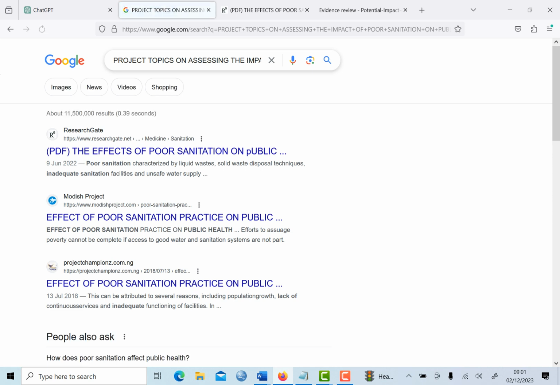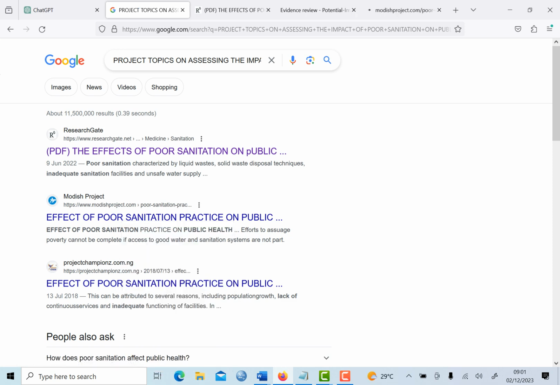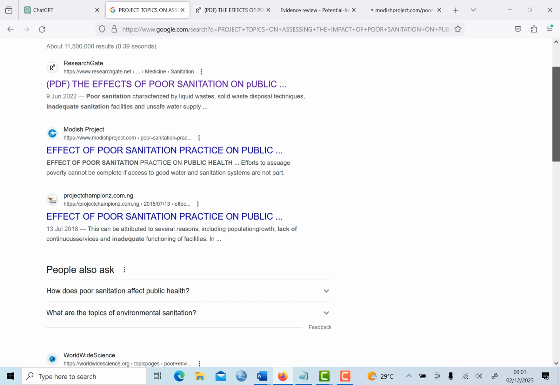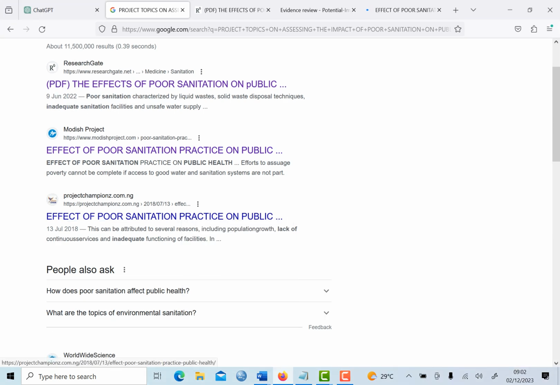You proceed. I think in this place they have something like that. You can open it to compare. Then I think project champions, they have something like that also. So you open it.